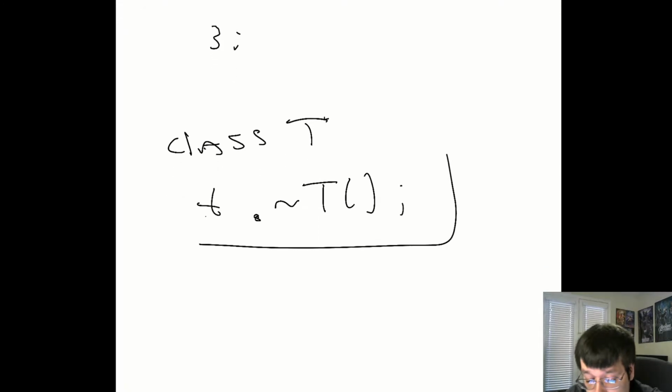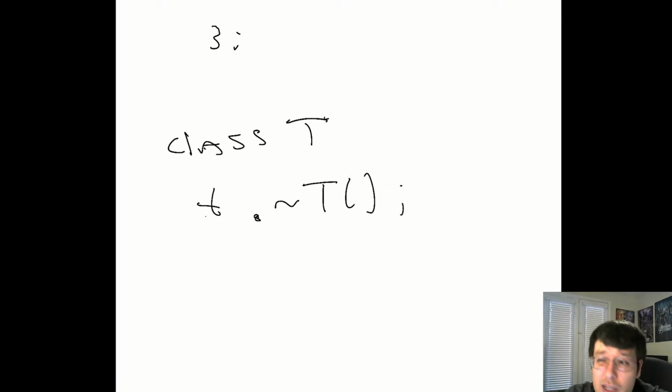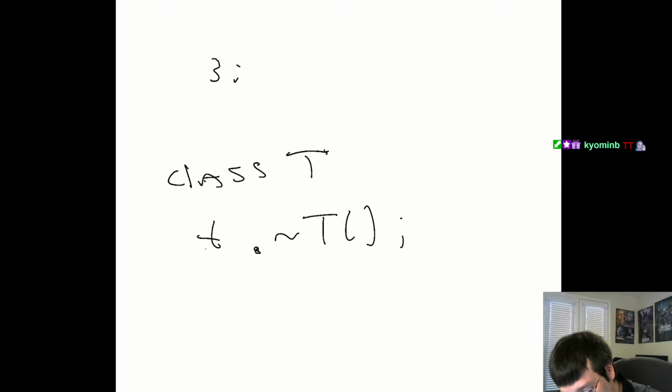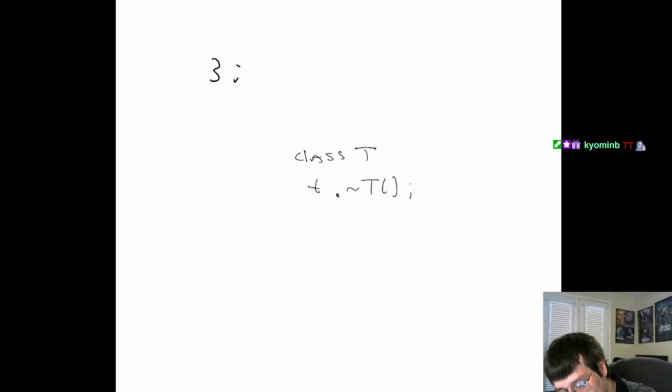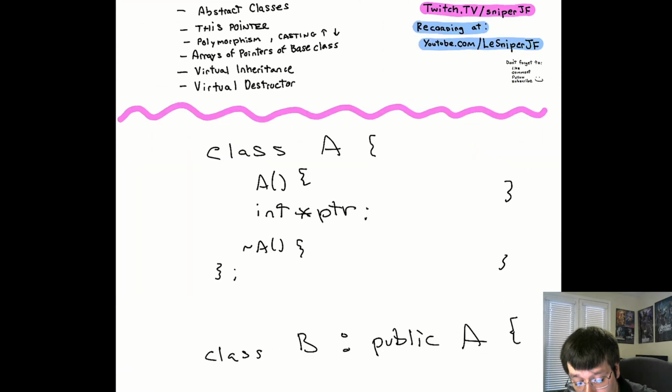That line of code will compile, and we'll literally call the destructor. But that's a really, really bad thing to do. You want the destructor to be called automatically when the object goes out of scope. You don't want to call it yourself. If you do, bad things will happen. Yeah, I didn't notice that big naming with the T and the T.